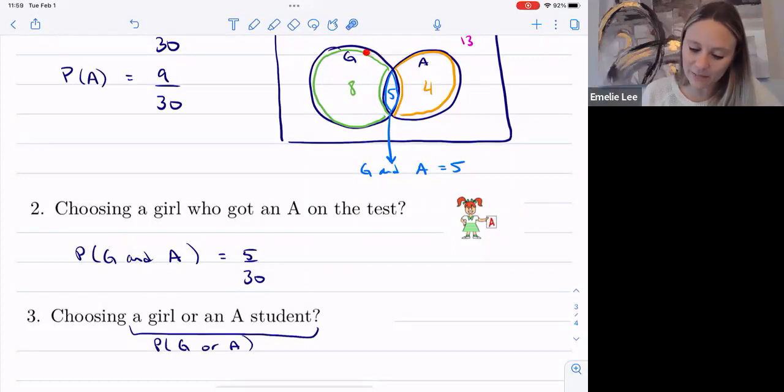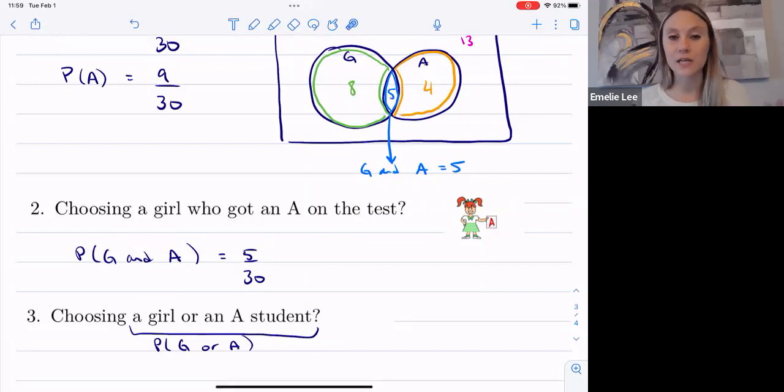So if I'm in G and only G, then that's 8. If I'm in A and only A, then that's plus 4. And then the last option is or both, which is plus 5. So I could use just the Venn diagram and say 8 plus 5 plus 4.